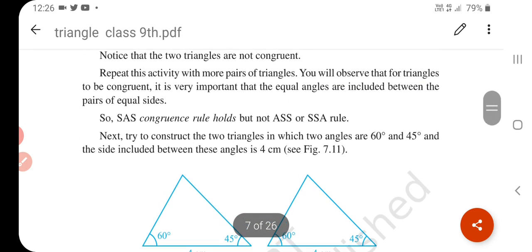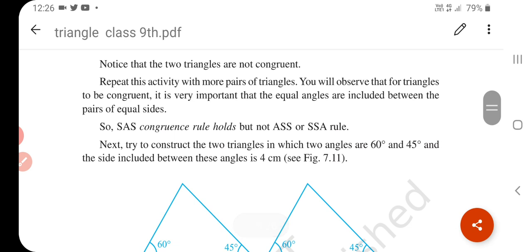And always remember, if we talk about the SAS rule, the congruence rule holds, but ASS and SSA is not any rule. The SAS congruence rule tells you two triangles are congruent if two sides and the included angle.